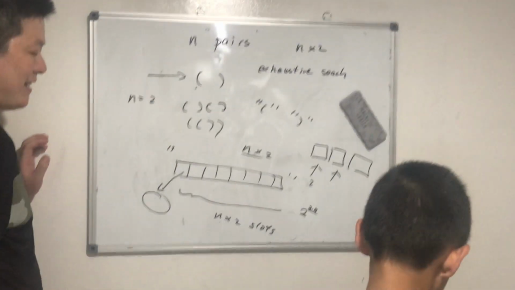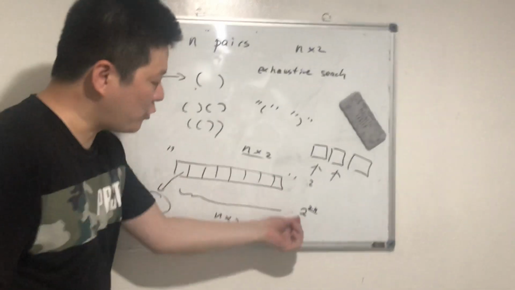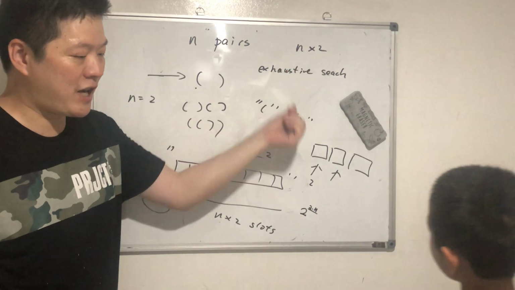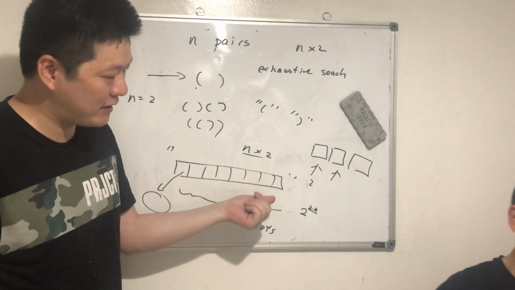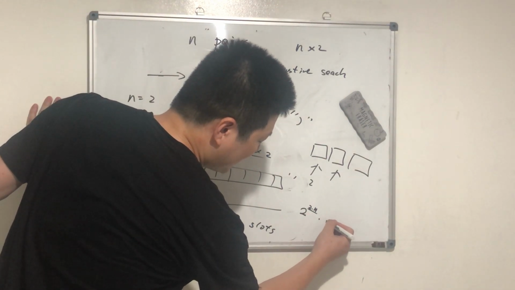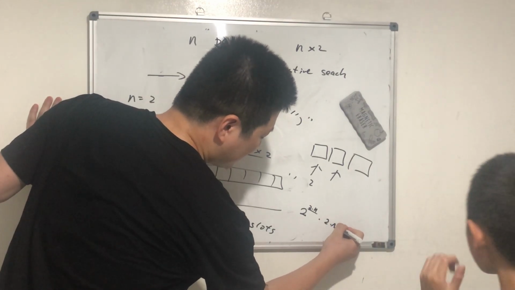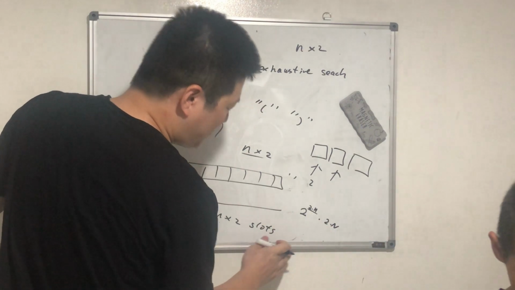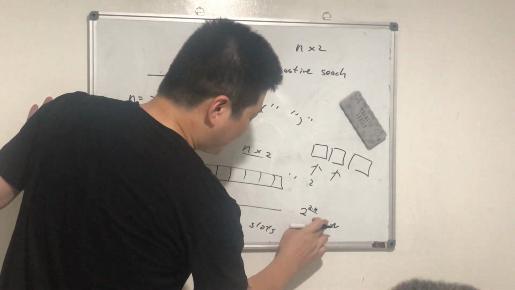That's actually kind of big. And remember, it takes O(n) time to check if a string is a valid parenthesis, multiplied by the length, 2 times n, but we can drop the constant.